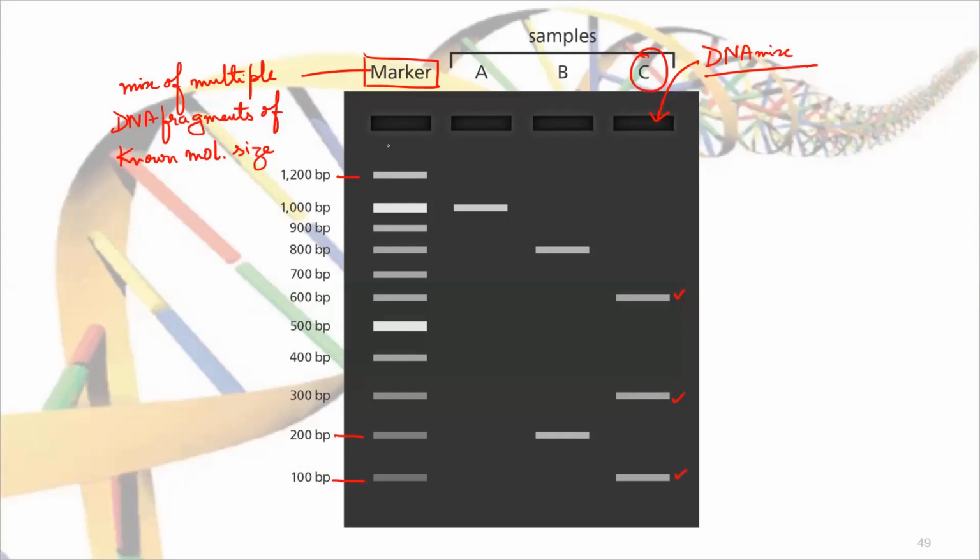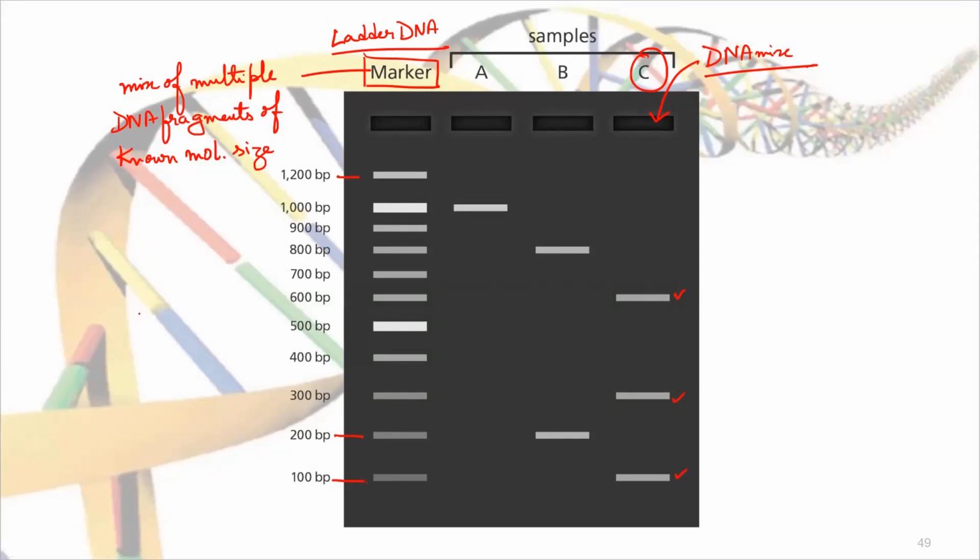Now this marker is also sometimes called a ladder, or ladder DNA. So this ladder DNA or marker DNA helps us in comparing the fragments of our molecule which are of unknown size.